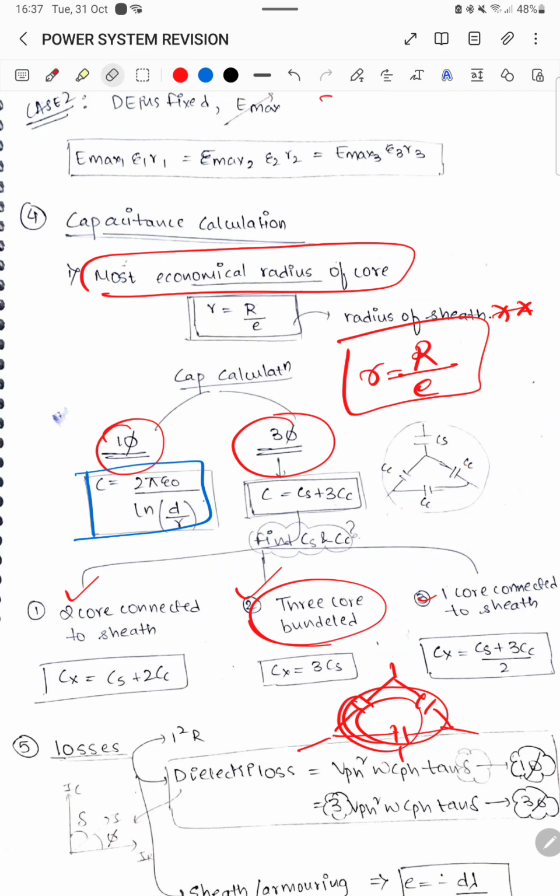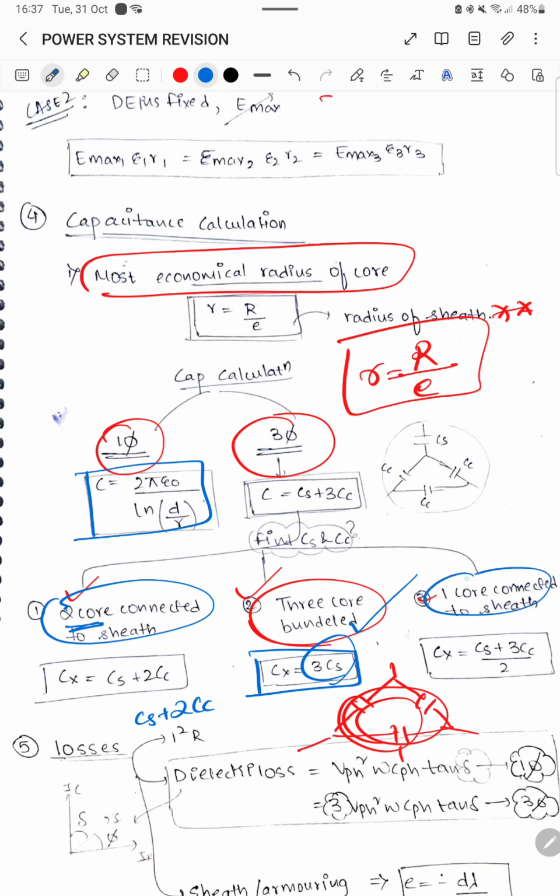When CS are parallel, CX will be nothing but 3CS. When two cores are bundled, it will be CS plus 2CC. And when one core is bundled, CX is CS plus 3CC upon 2. You will have either of two informations. From these two equations, we will be able to calculate CS and CC, and then substitute in this formula.